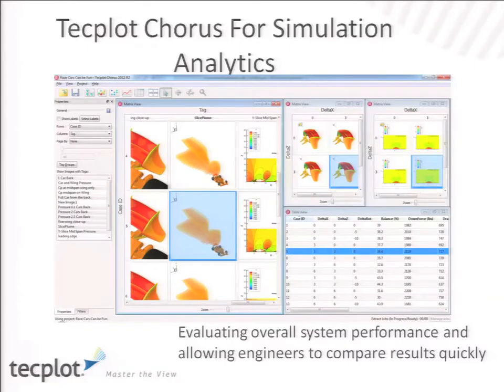And herein lies a lot of the problem with data access, because now instead of dealing with a large, say 500 million cell CFD case, you're dealing with hundreds or thousands of 500 million cell CFD cases. And you need to selectively dive into each of those cases to pull out information that you can then use in this sort of analysis, comparing the results over these sets of cases to understand the root cause of a certain behavior you're seeing in your statistical models.